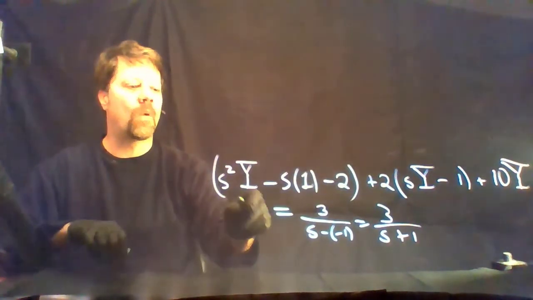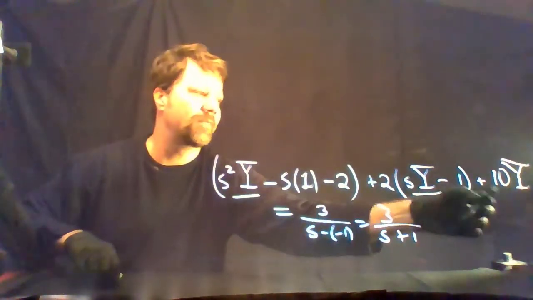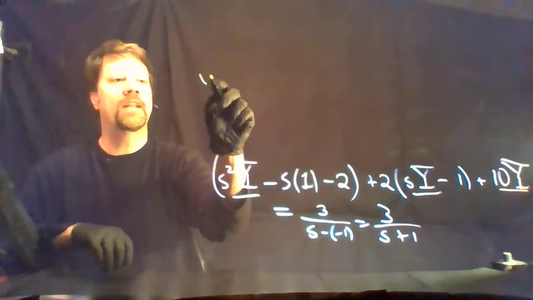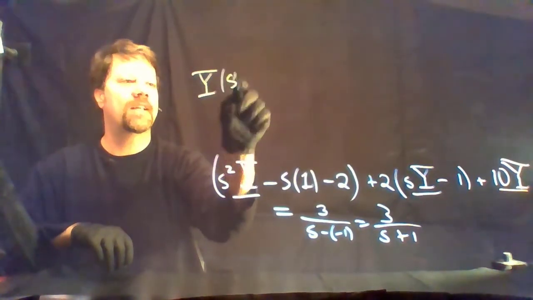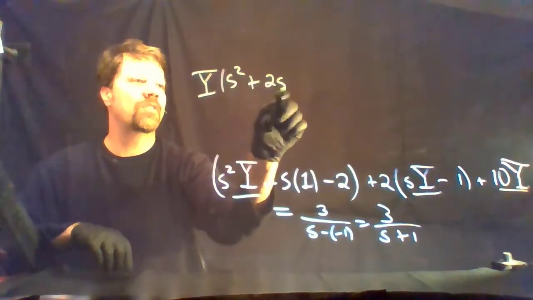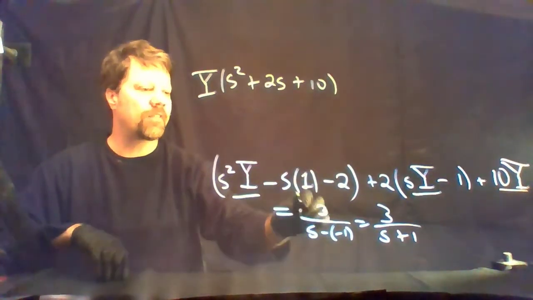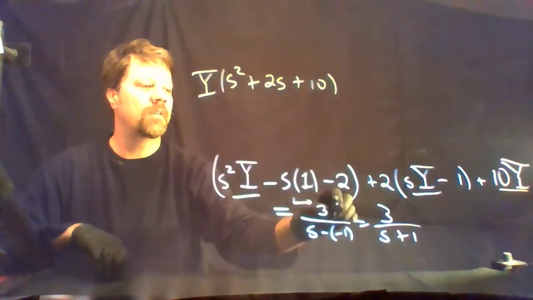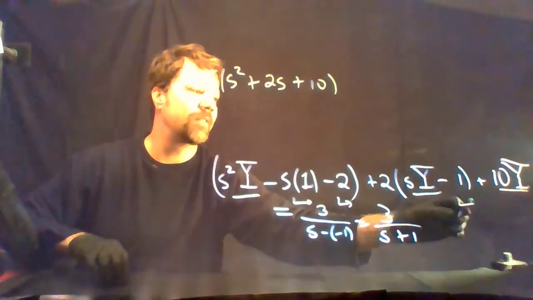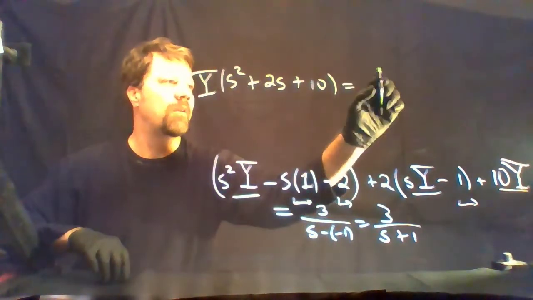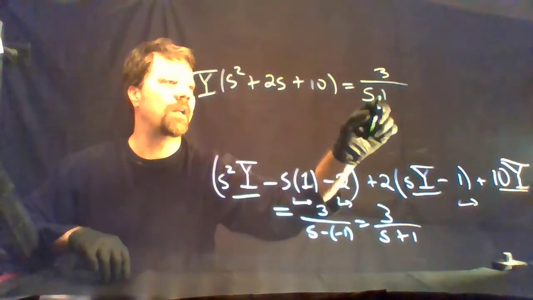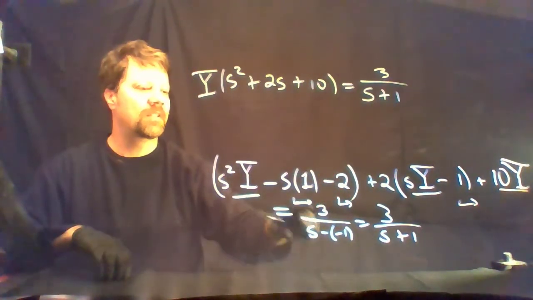Collecting all of the Y's together, we end up with big Y times s squared plus 2s plus 10. We need to put all of the other terms onto the other side of the equation. We already have 3 over s plus 1 on the right-hand side.